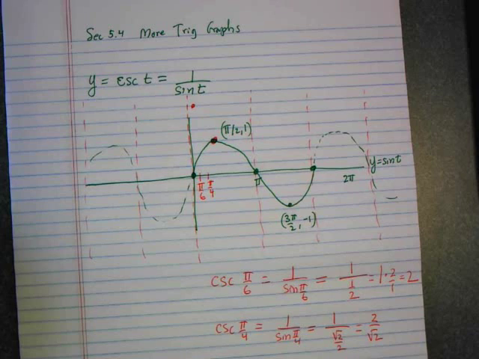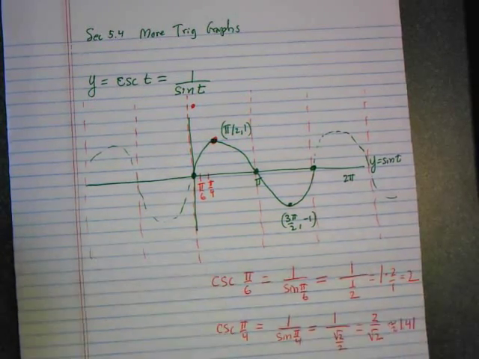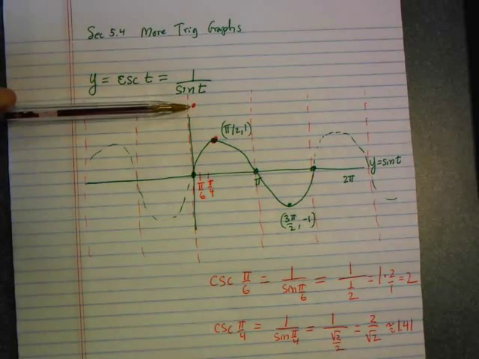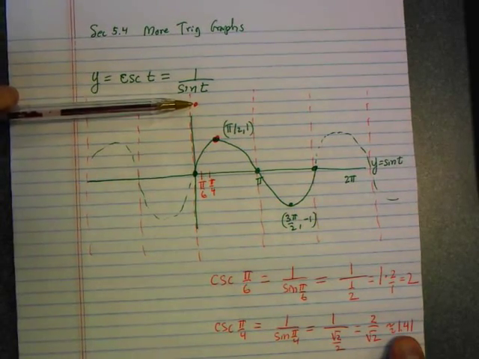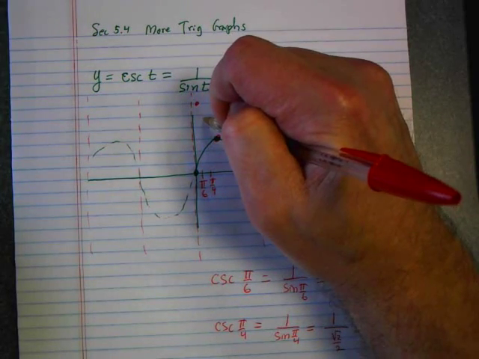I'm going to grab my calculator and type that in, just to have an approximation. That's about 1.41. And this dot right here was at a height of 2, so 1.41 is going to be lower, isn't it? That's going to be right about here somewhere.